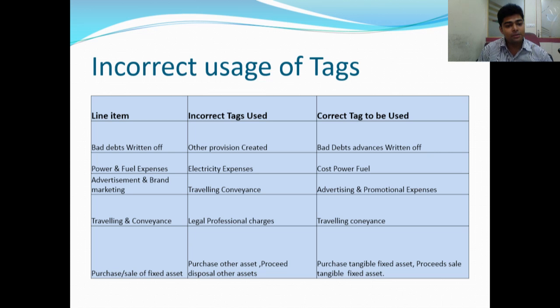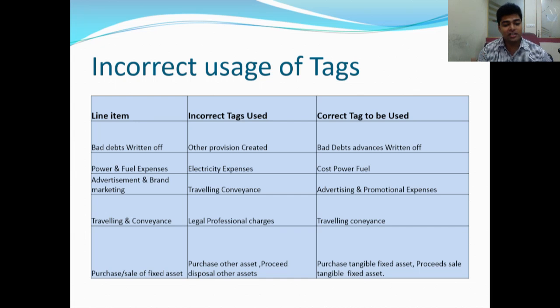Advertisement, brand marketing: the incorrect tag used is traveling conveyance. However, the correct tag to be used is advertising and promotional expenses. Traveling and conveyance, they have tagged with legal professional charges. However, it is to be tagged with traveling conveyance.